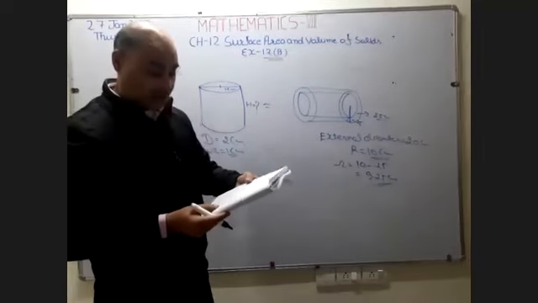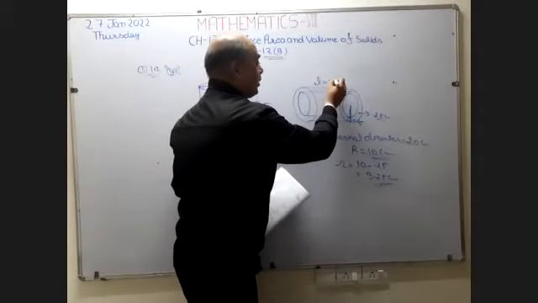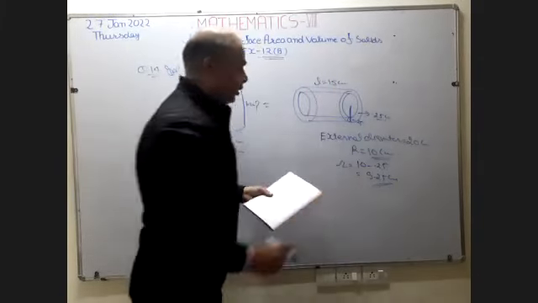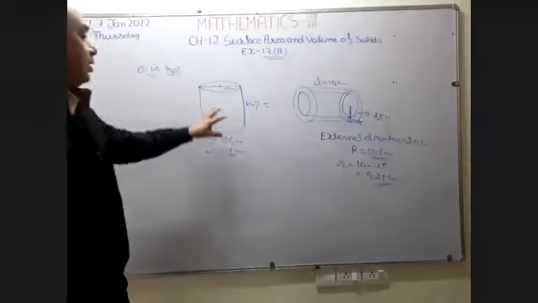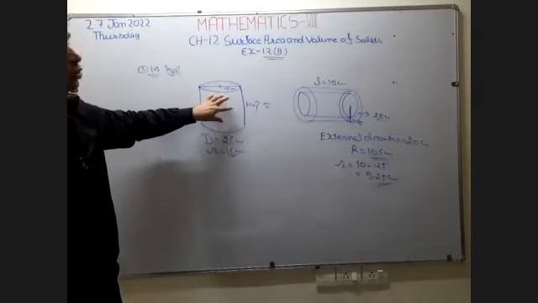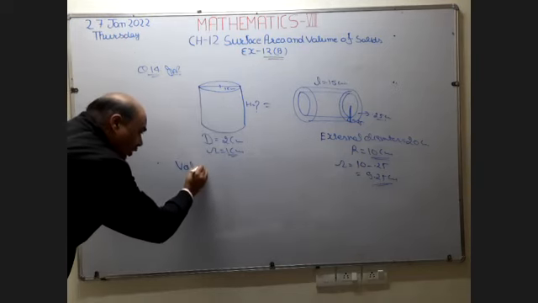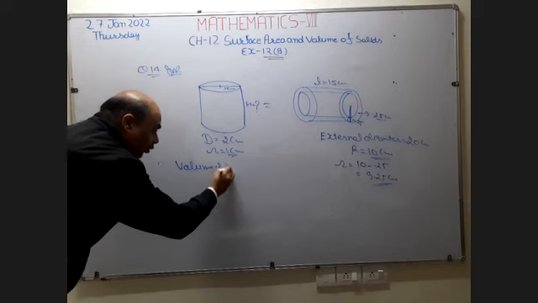Now what is given? The length is given. The length of this pipe is given as 15 centimeter. Now check: I make this hollow cylinder with the same metal which I use here. It means I write here the volume of the cylinder.